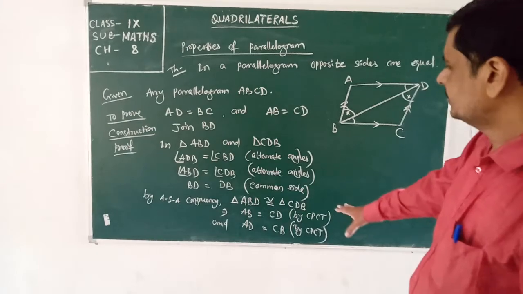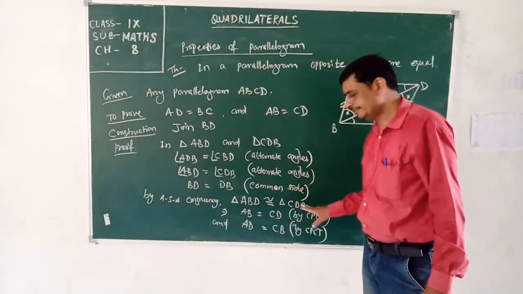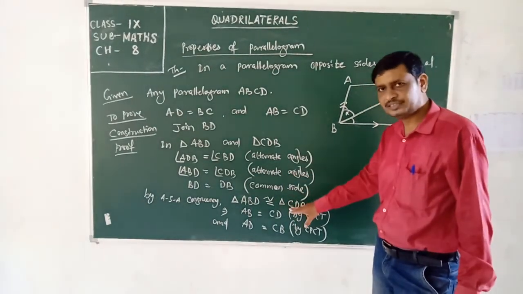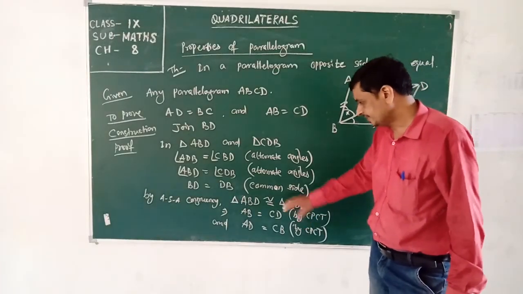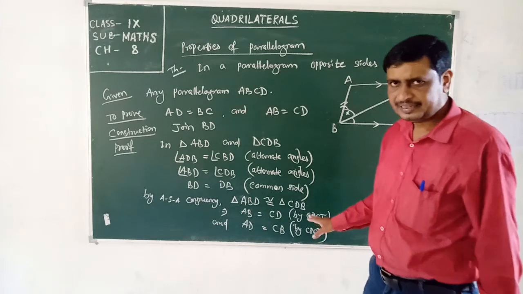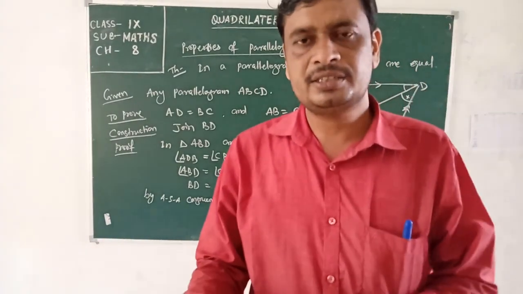It is proved here. Both the triangles ABD and CDB are congruent. So AB and CD, that is the corresponding parts of congruent triangles, both become equal. And AD becomes equal to BC, by CPCT. It is proved. Next class we will treat some more theorems.